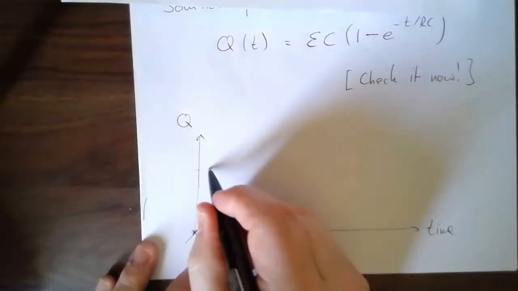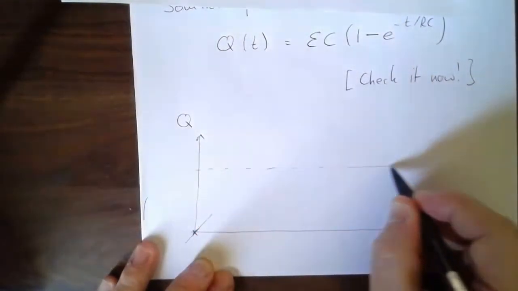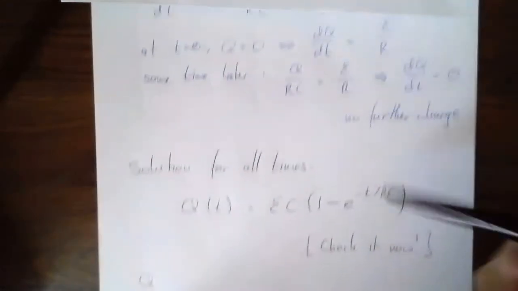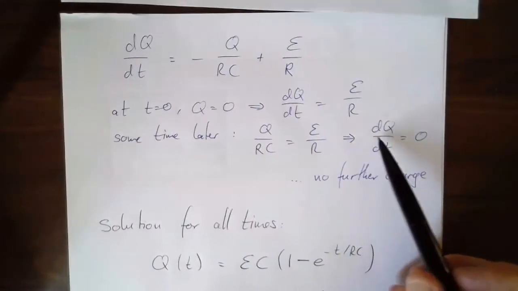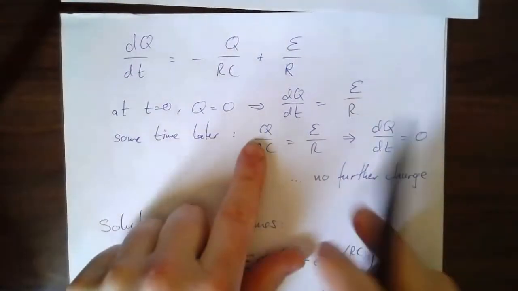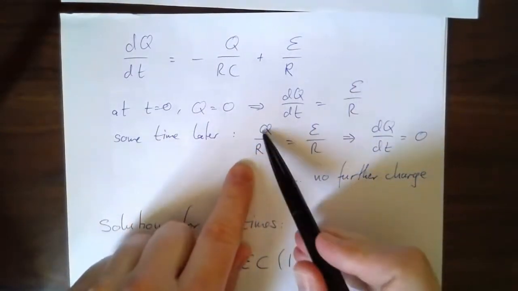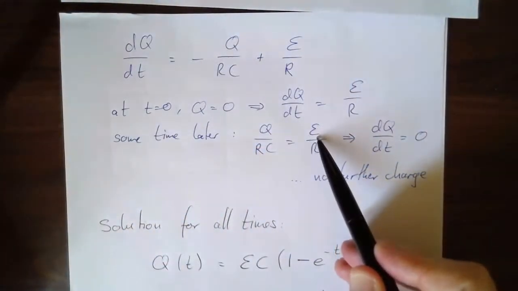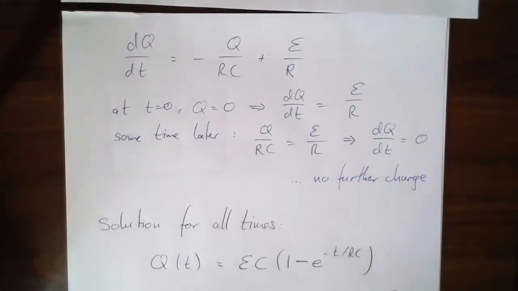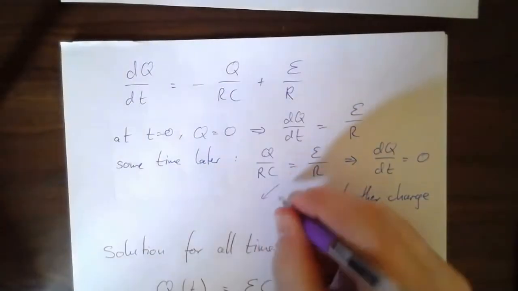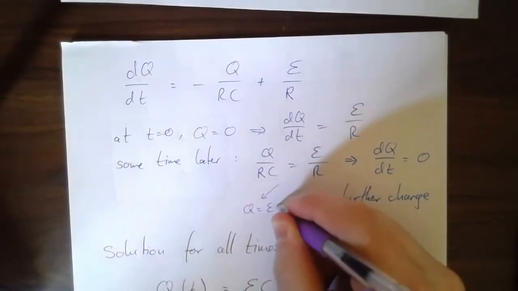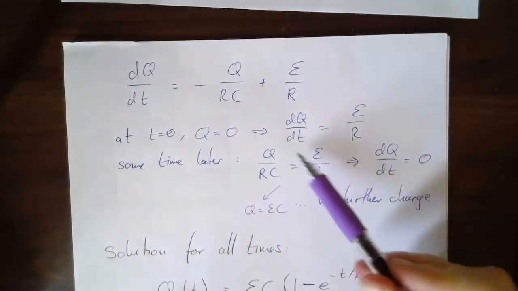But a long time later, it stops charging when it's reached a certain value of Q. If I simplify this, I can cancel out the R, and I get that Q is curly E times C. Let me make a little note here: Q is curly E times C. That makes this true.